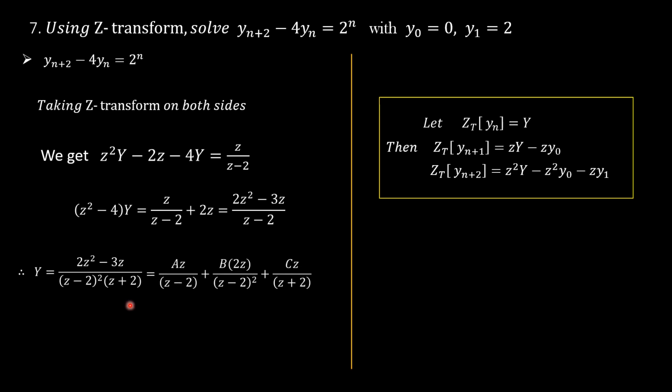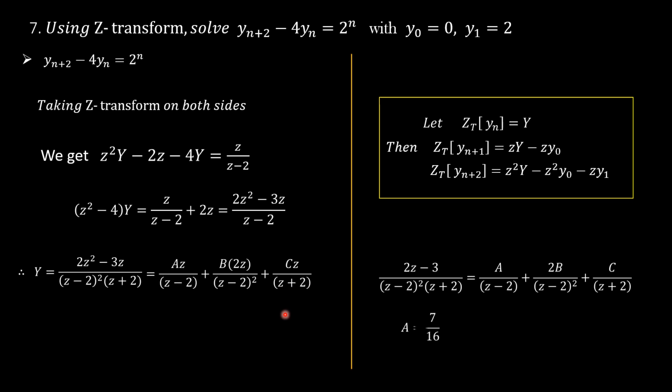which is equal to az/(z−2) + b·2z/(z−2)² + c·z/(z+2). By partial fraction method, the value of a is equal to 7/16, b is equal to 1/8 and c is equal to −7/16.